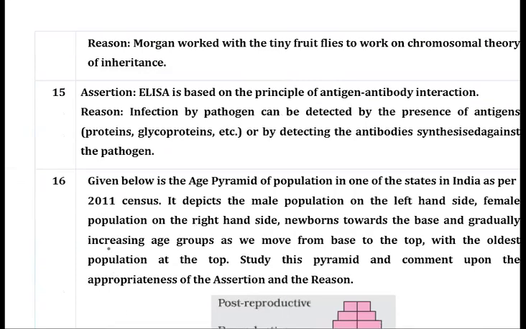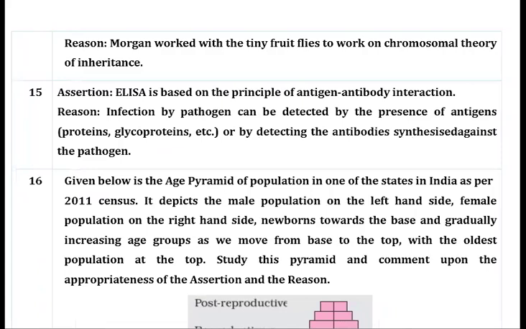Now the next reason and assertion type of question. In this question, it is asked that ELISA is based on the principle of antigen-antibody interaction. Very true. This is the correct statement. And then the second part, the reason: infection by pathogen can be detected by the presence of antigens or by detecting the antibody synthesized against the pathogen.